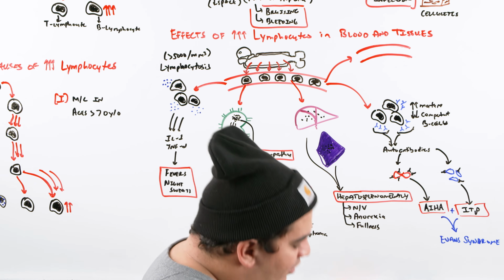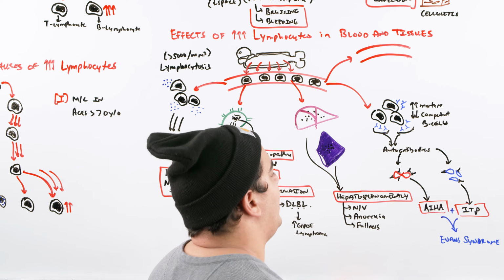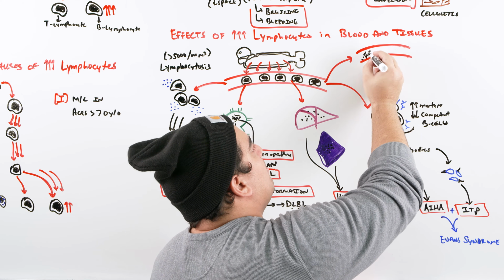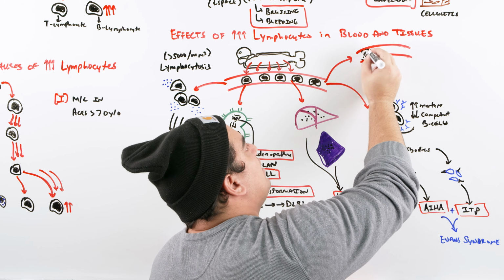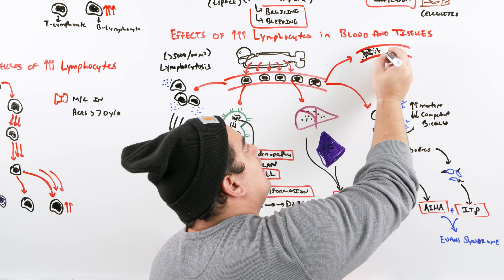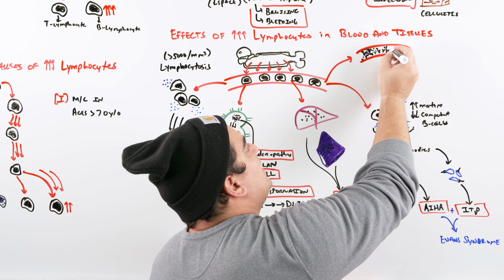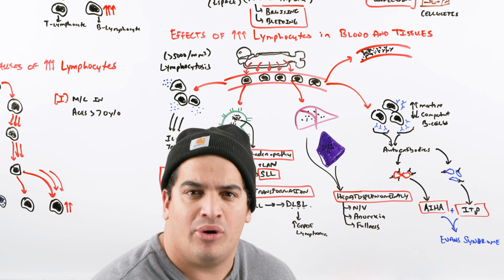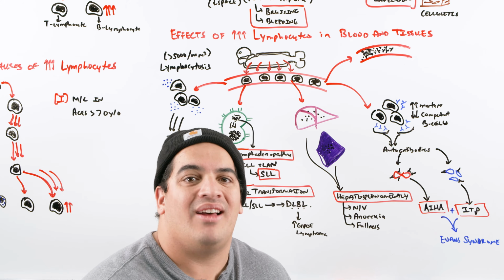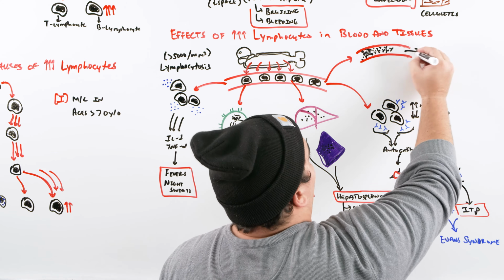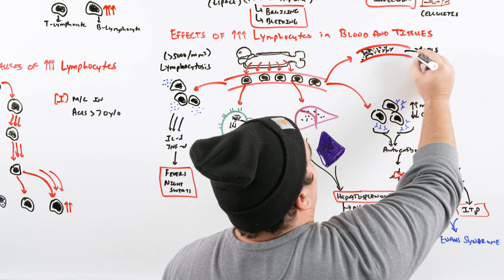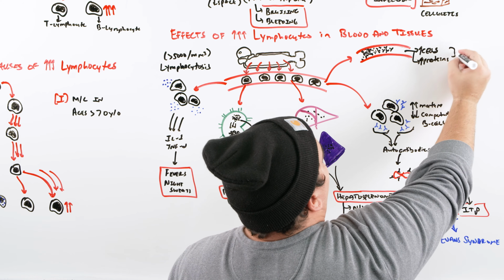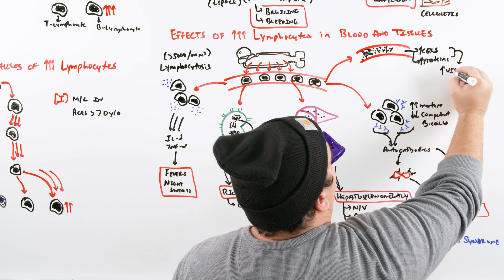The last potential thing that you could see, I'd say it's relatively uncommon, but if you get a large number of lymphocytes, you have to really have a ton of lymphocytes, lots of antibodies and proteins and things like that that are abnormal. These can really clog up. Lots of proteins and lots of cells make the blood very viscous. So when you have increasing cells and increasing proteins, this increases the viscosity of the blood.